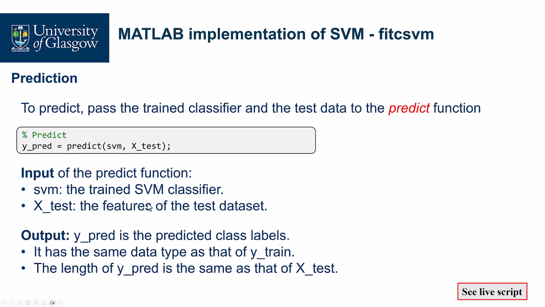Then we get the output Y_pred. Y_pred has the same data type as Y_train, and the length is the same as X_test. It will tell us, using this trained SVM, what the classes of these features are in Y_pred. You can see the live script for more details.